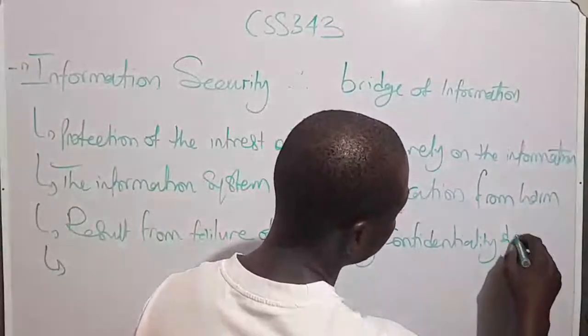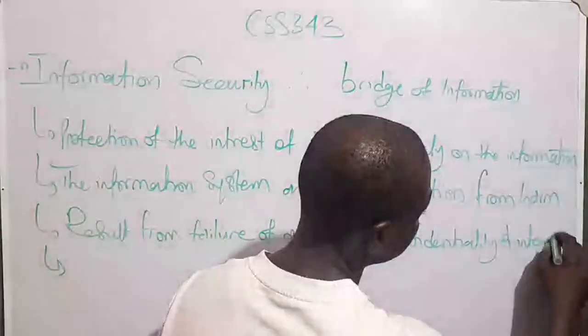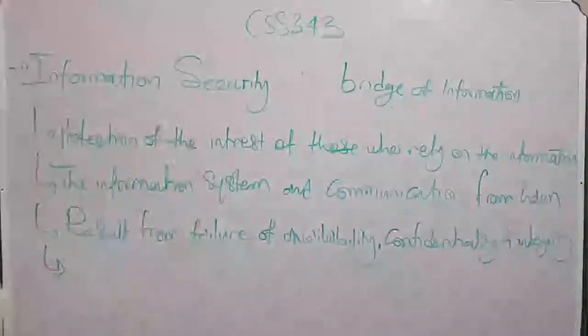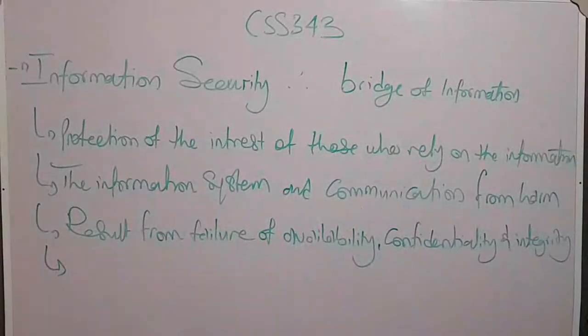You're no longer safe. You are scared that your information is now on the internet. You no longer have control of your information anymore, and the trust you have in the system has been breached. So you see why it's very important to secure information.